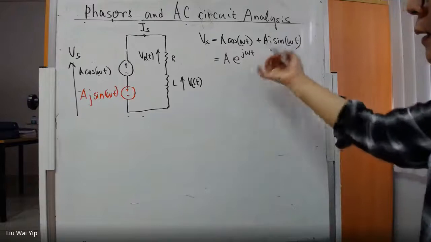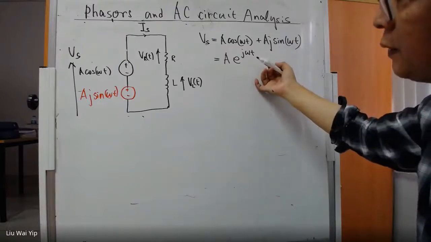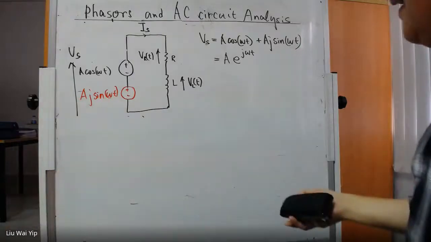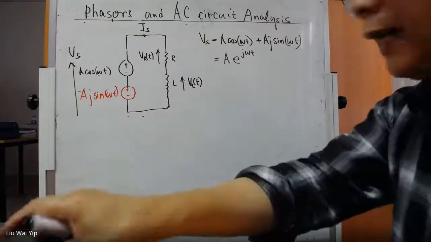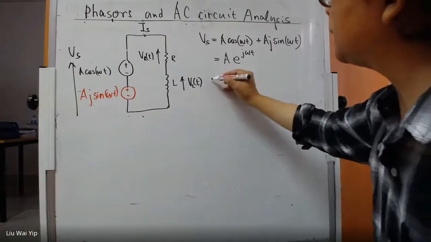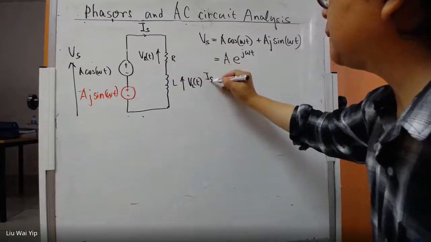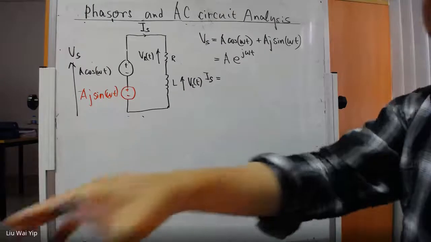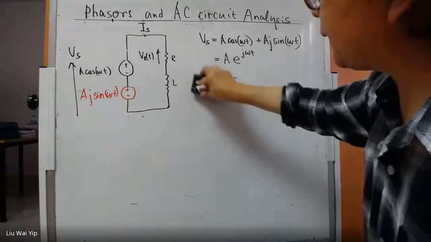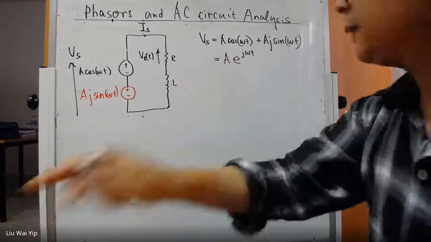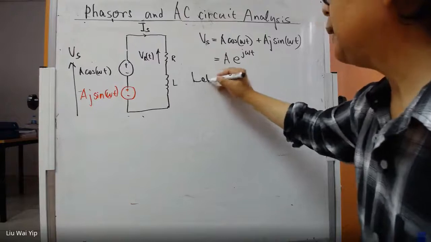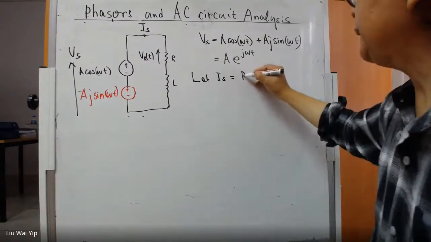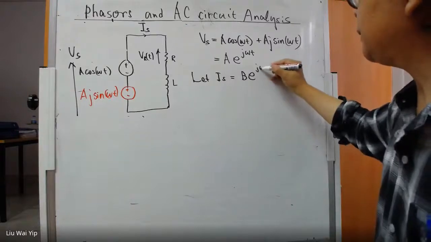And for this reason, we also need to express Is. So we are going to absorb Is. So let Is be in this form, B e to the power j omega t.